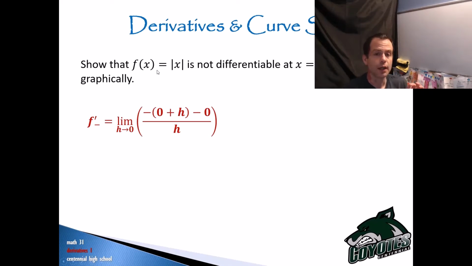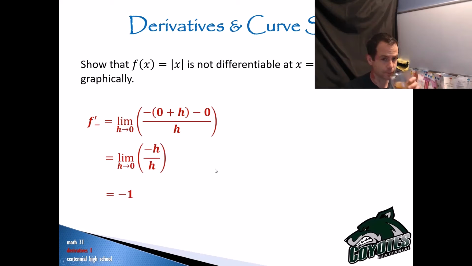How to do that is, again, this should be x plus h minus x, so I'm plugging in 0 for my x. This is my x plus h minus x, but I took the negative version of that, so I'm looking at it from the left. And when I do that, I get negative h over h, and so that will equal negative 1.